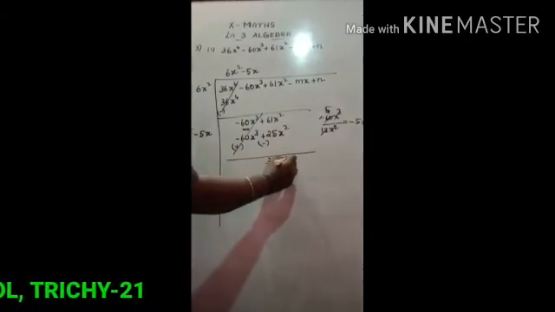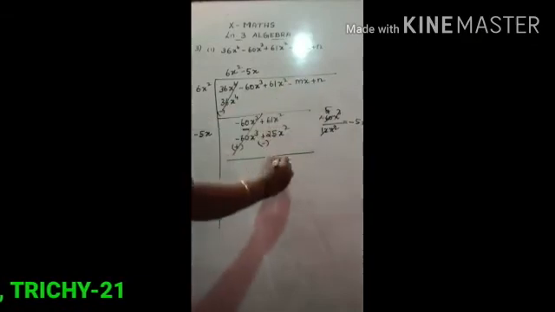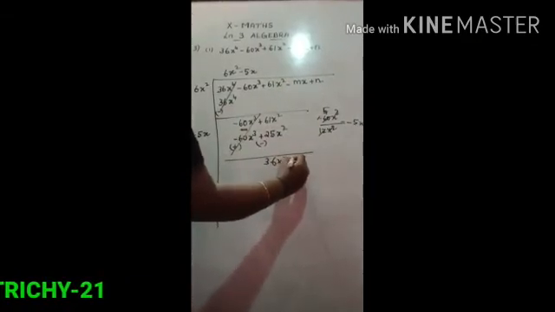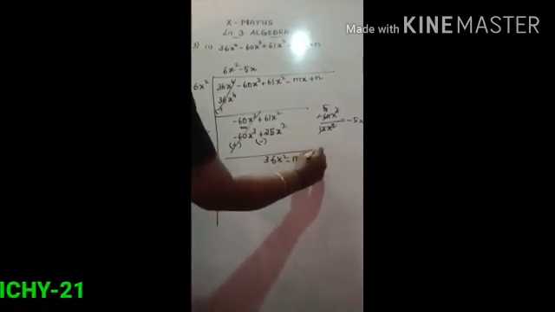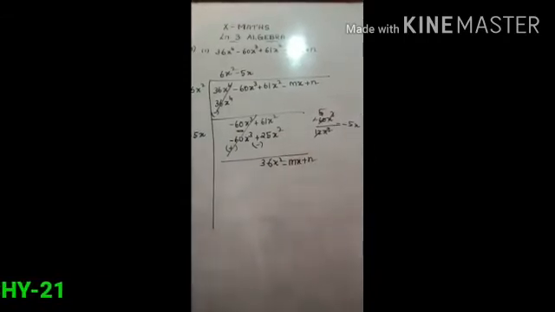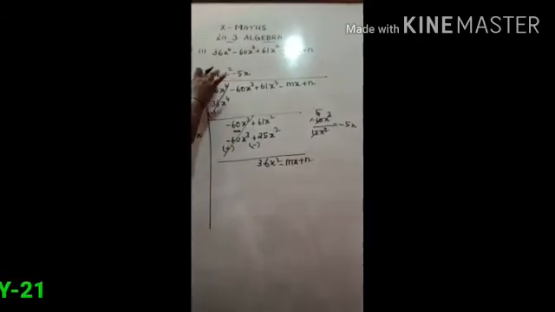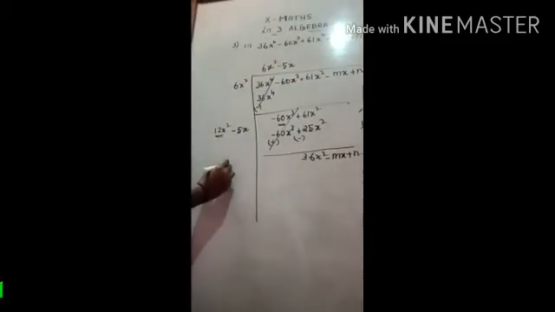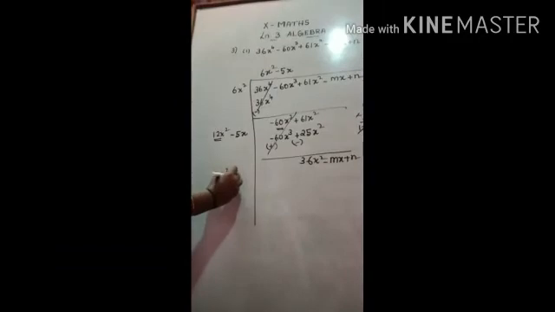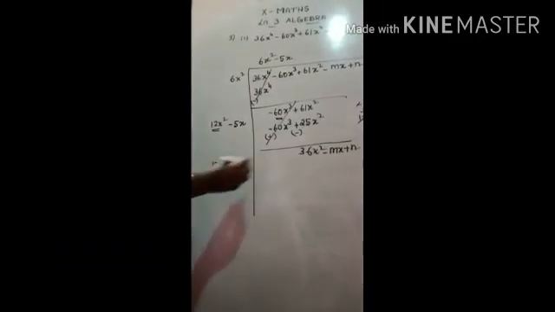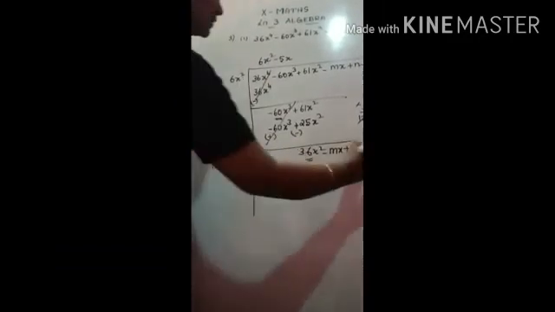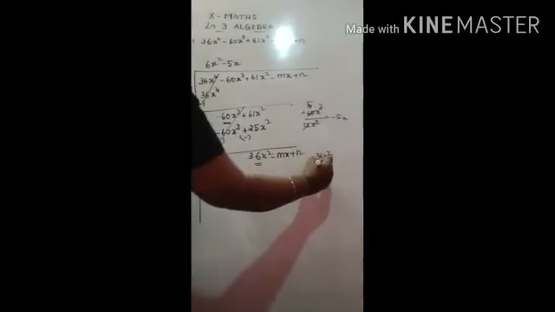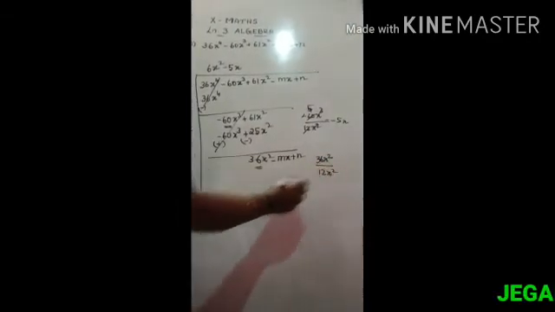36x square. Now write the next remaining two terms, minus mx plus n. In the third step, multiply the two in the table in the quotient. So 6 2s are 12x square, 5 2s are 10, minus 10x. We take the first expression 36x square divided by 12x square.